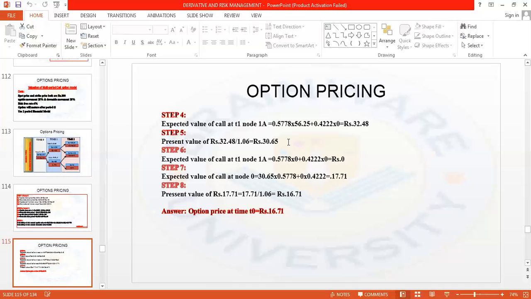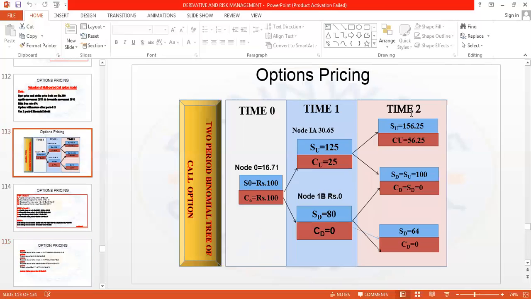So 32.48, which is the expected value of call in time 2, is coming down to 30.65 in time 1 in upside movement. Similarly, we will calculate the value for this one. For this, we have to consider expected value of 0 and 0, which is definitely 0.